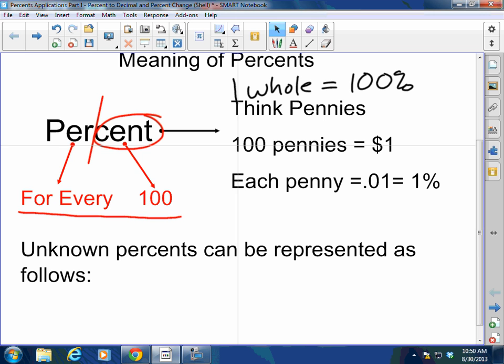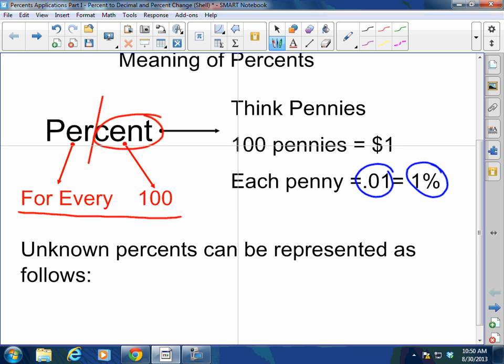A nice easy way to think about this is to think about pennies. There are 100 pennies in one whole dollar. One whole means 100%. So each individual penny is 0.01 or 1%.